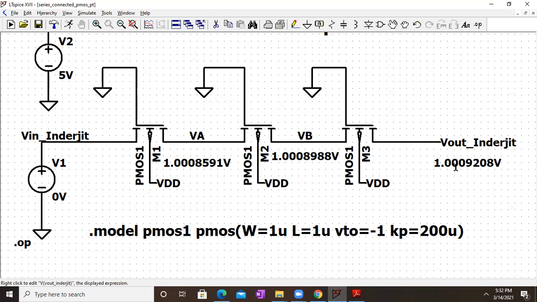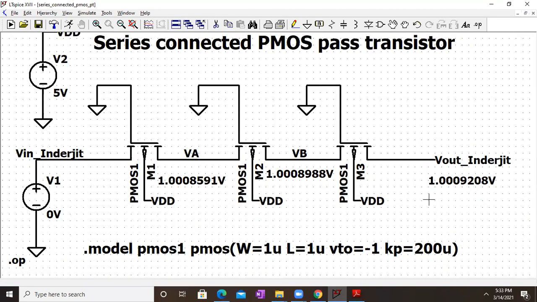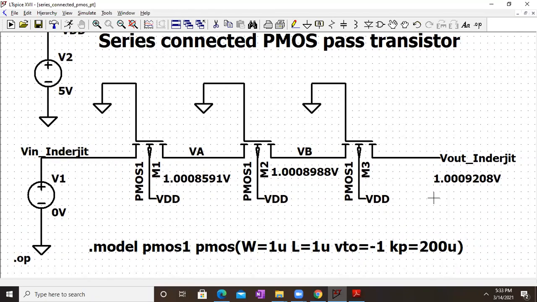And here, surprisingly, it is coming out to be 1 volt. Now, let us see why this happens conceptually. As we have done in simulation, we got the values of VA, VB, and Vout as the same 1 volt when the input to the first PMOS transistor is logic 0. Let us try to understand this.